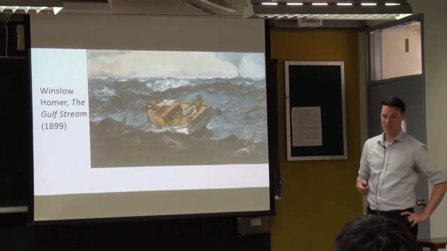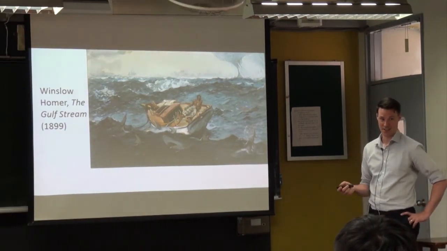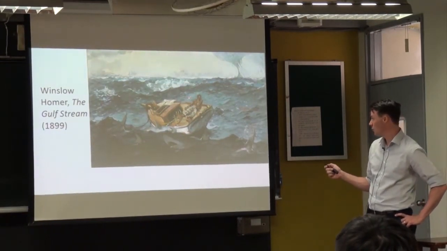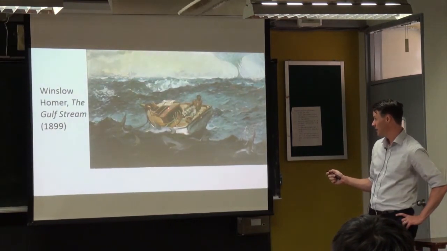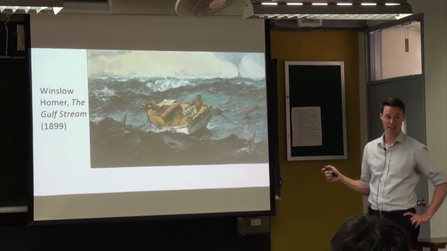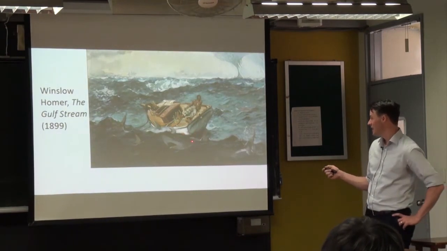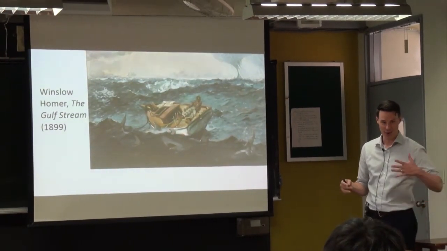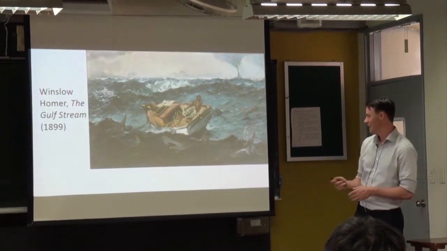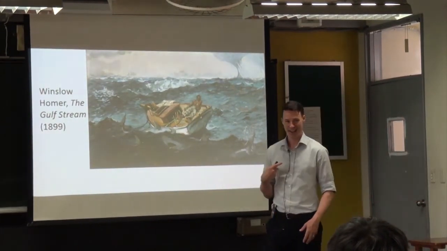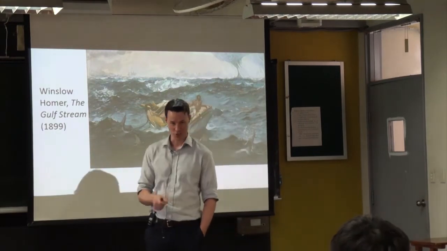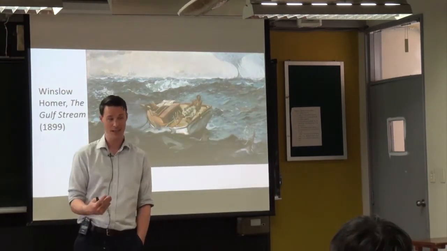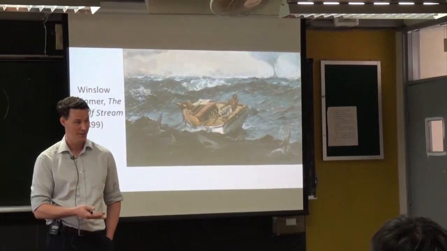But there's lots of differences, obviously, right? This has one person on the boat, a black man. He is surrounded by these sharks swimming around in the water. The sharks obviously suggest or symbolize danger, right?